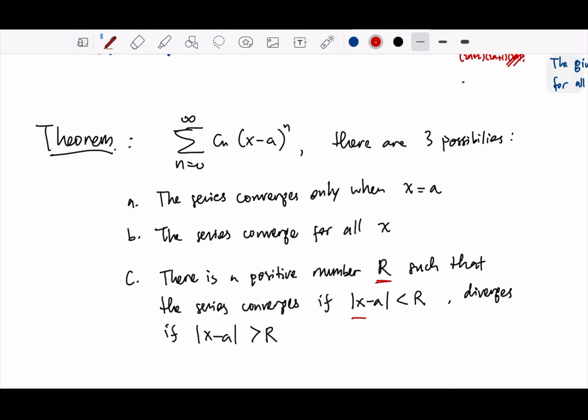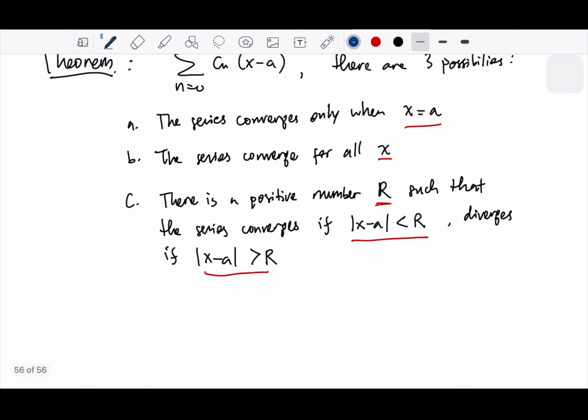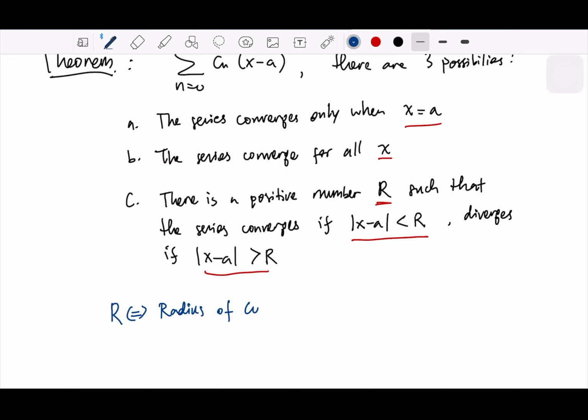So we have R as our distance, or in our definition of power series, R will be the radius of convergence.